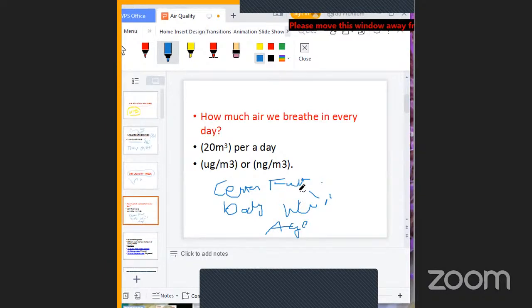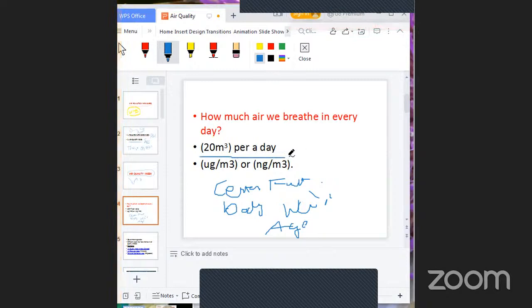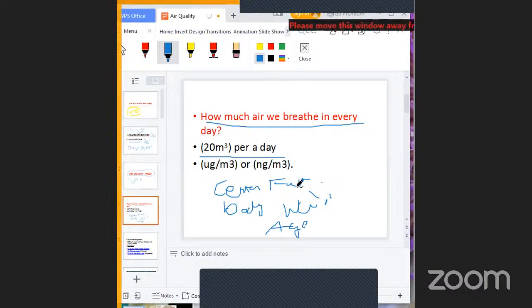But you may be surprised that we take about 20 meter cube of air per day approximately, right? So how much air we breathe in every day? 20 meter cube of air. That is approximate, but it depends on many things, certain factors like body weight and age, right?